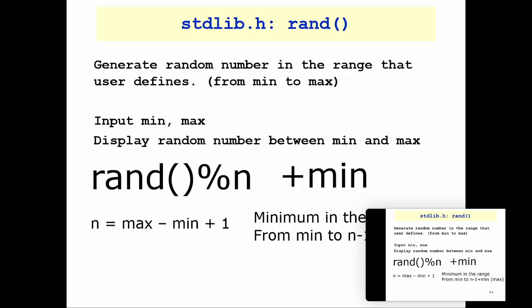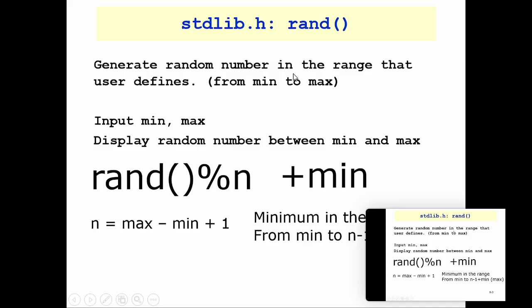So you want to generate a random number from minimum to maximum. So if min is 1, max is 6, then you will generate a random number between 1 and 6.